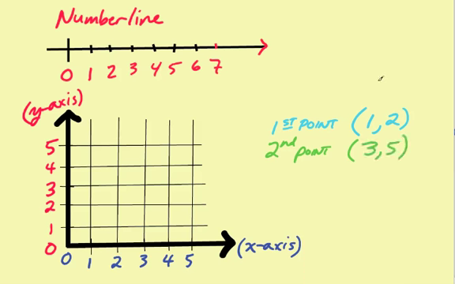Now, the first spot, and I just want to go ahead and point it out, the first spot, this right here, that is the x value, right? And the second one is the y value.